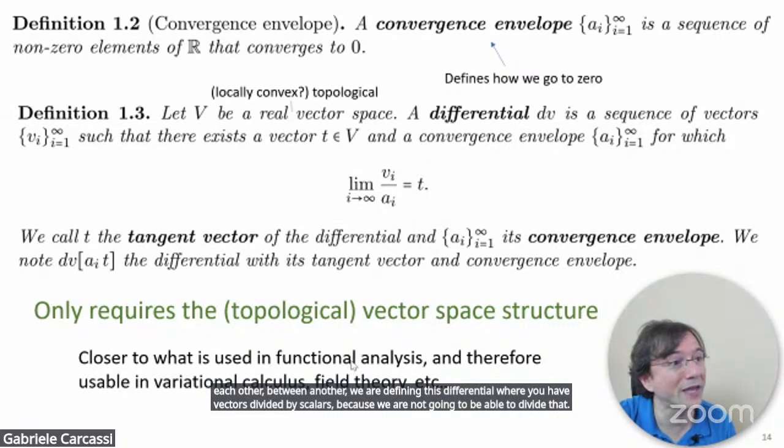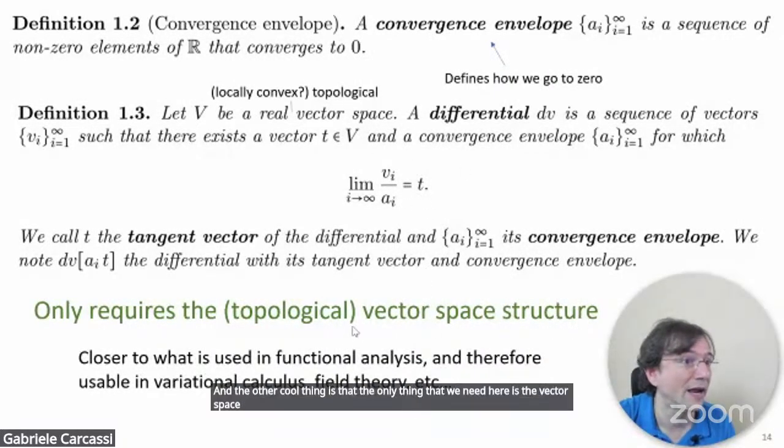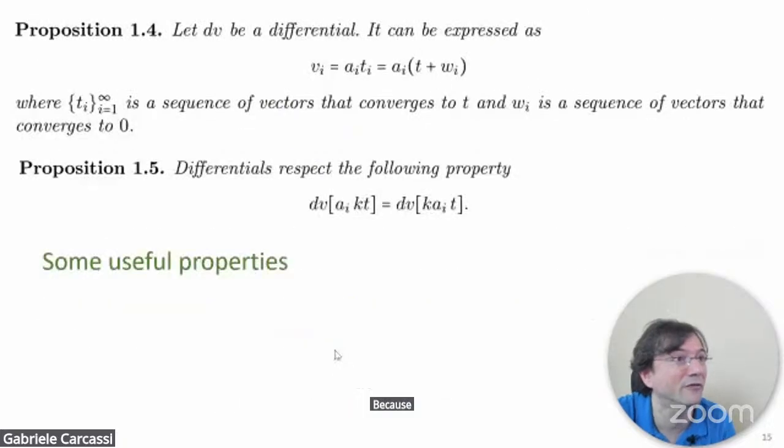And the other cool thing is that the only thing that we need here is the vector space structure and the topology that tells me what limits are used. And this is exactly the type of thing that one has when you do variational calculus and you work on function spaces, because you don't have the manifold structure.